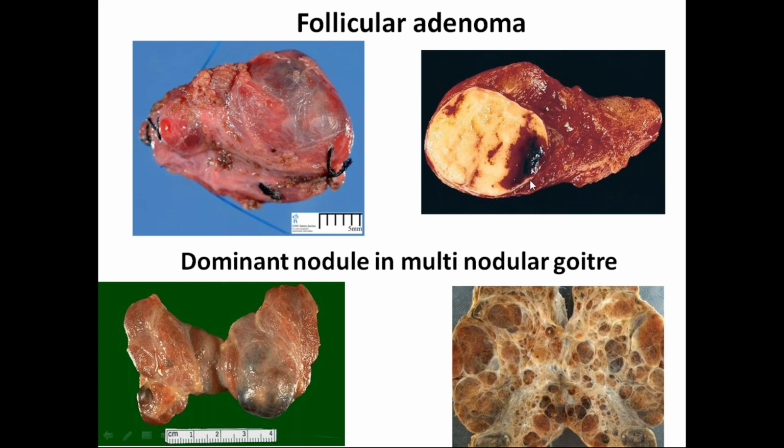Because it is compressing the surrounding blood vessels, we can also notice areas of hemorrhage and scant colloid. Here, in these cystically dilated spaces, we can see this brownish color, it is the colloid. All this is colloid. Whereas here you can see a gray white area, which is solitary, it is the tumor tissue.